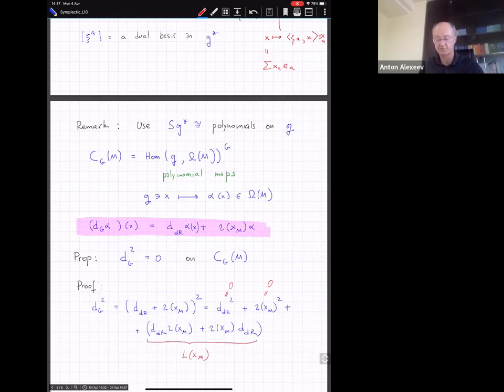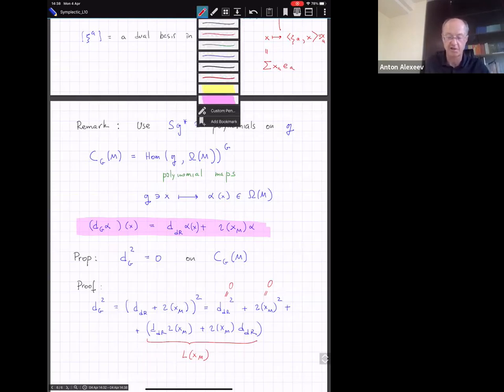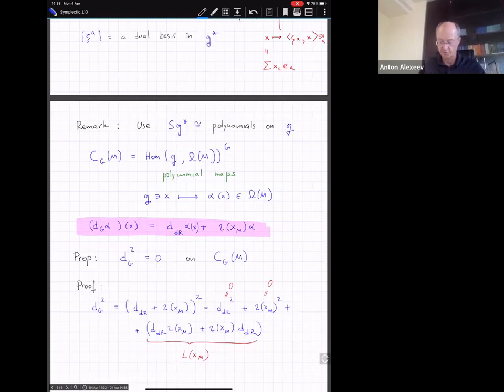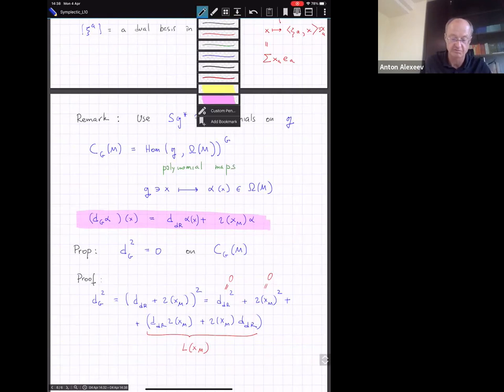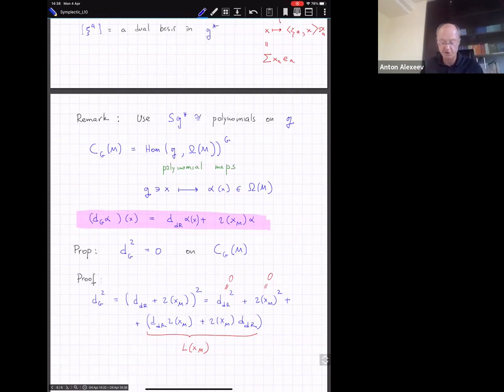But remember what happens. So L of x_m now acts on C_G of M, and on C_G of M, what does it do? It should act on differential forms, and we can imagine that it acts on the Lie algebra argument, but the Lie bracket is skew-symmetric.